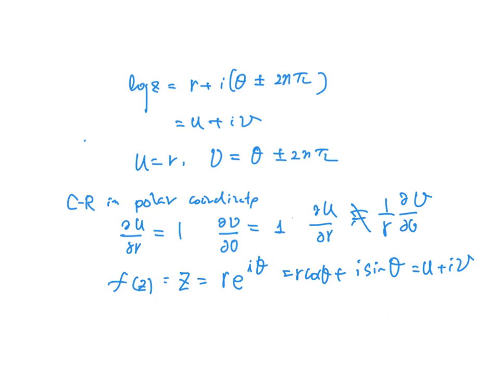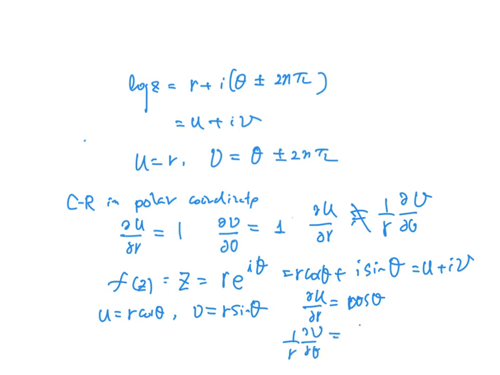So u is r cosine theta, v is r sine theta. So partial r, partial u is just cosine theta, right? 1 over r, partial theta, partial v is cosine theta. So they're the same, right? So Cauchy-Riemann condition is satisfied.